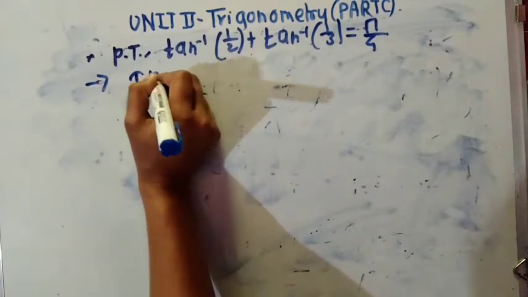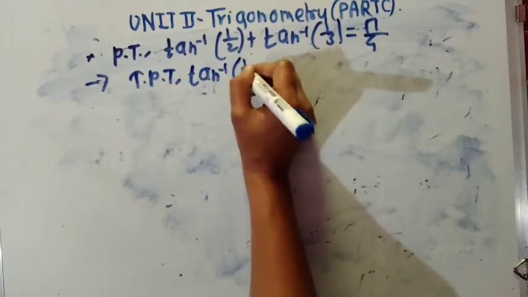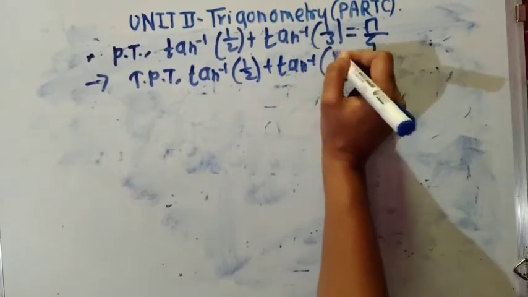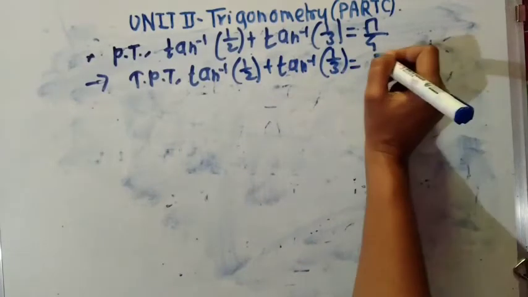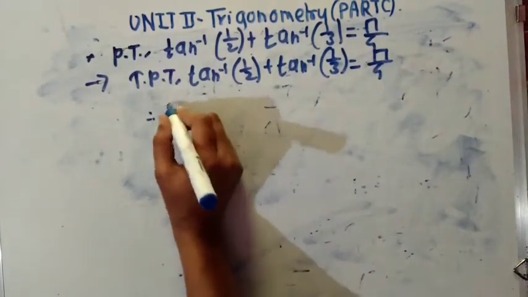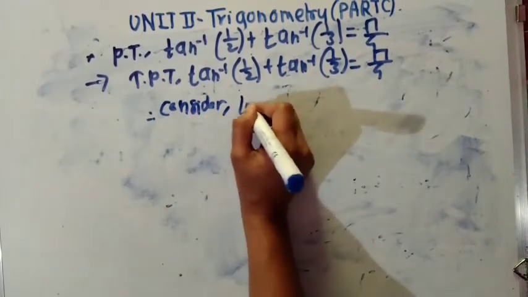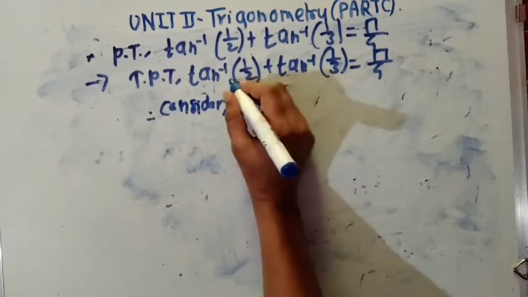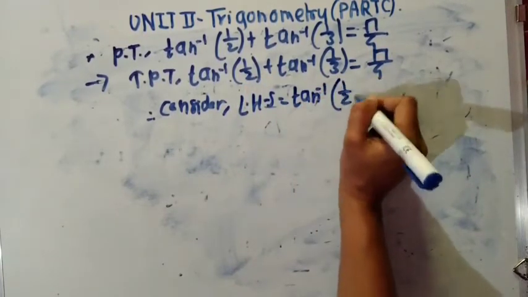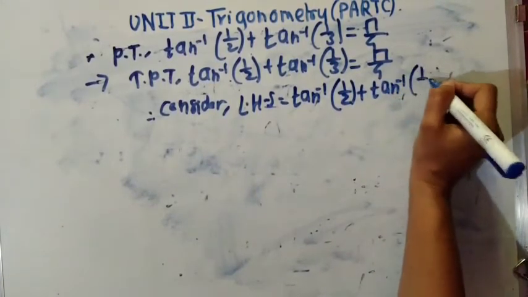So to prove that tan inverse of 1 by 2 plus tan inverse of 1 by 3 is equal to pi upon 4, first we consider the LHS, which is equal to tan inverse of 1 by 2 plus tan inverse of 1 by 3.